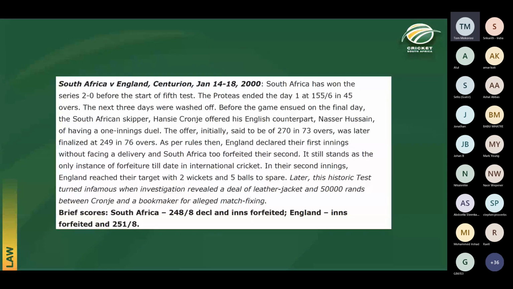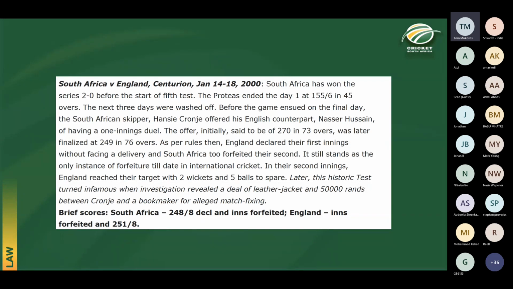So here's an example of a test match which had not one but two forfeited innings in it. It ended up being quite an exciting finish to a game that looked like it was going to peter out into a boring draw because of all the rain.